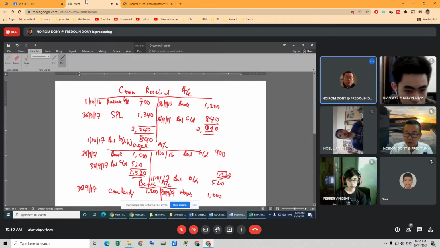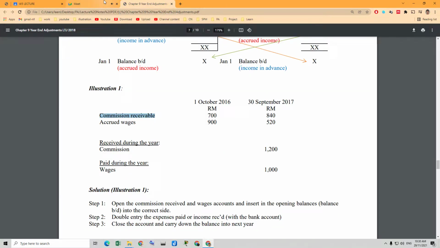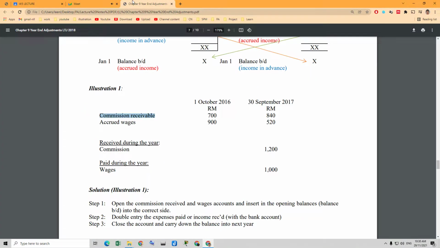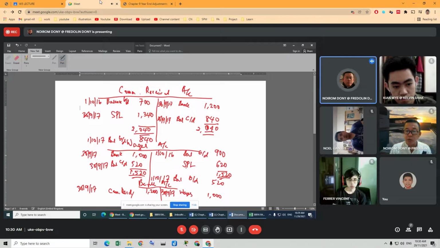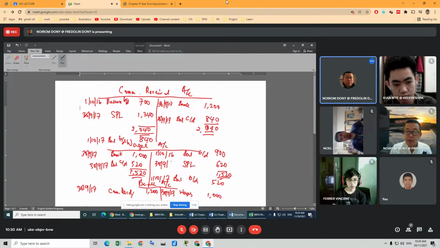How much? 620. Isn't it? So this balancing figure is the amount that we're going to close off the wages and post to statement of profit or loss. That is on 30th of September 2017.